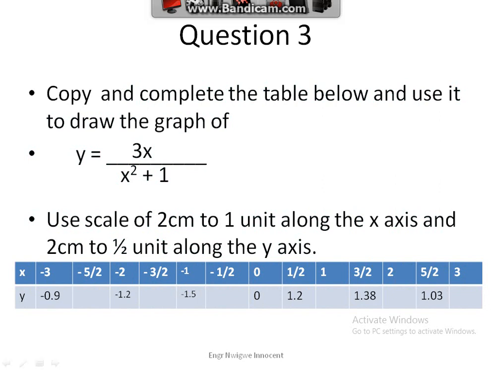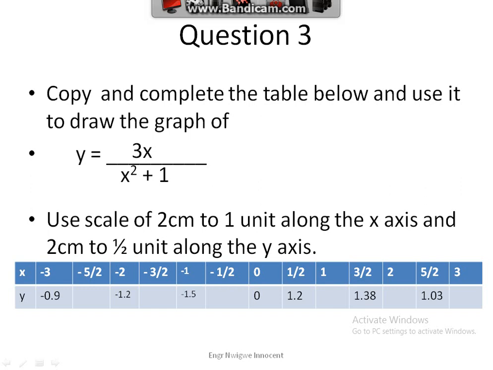x: minus 3, minus 5 over 2, minus 2, minus 1, minus 1 over 2, 0, 1 over 2, 1, 3 over 2, 2, 5 over 2, 3.